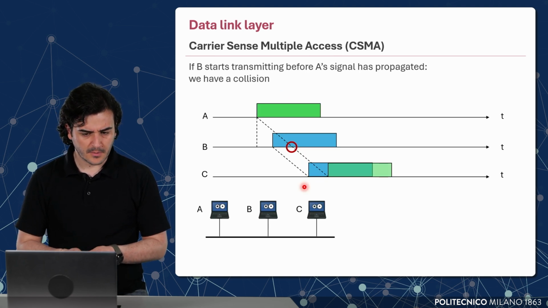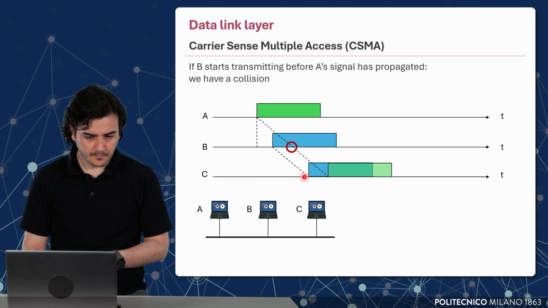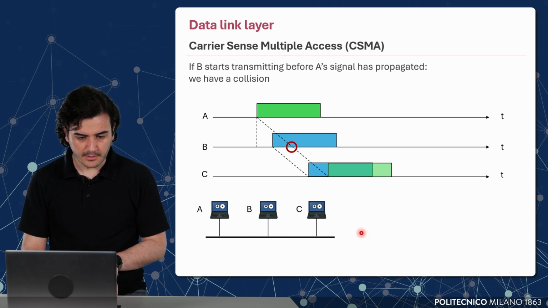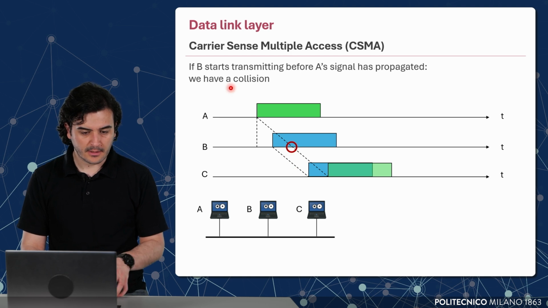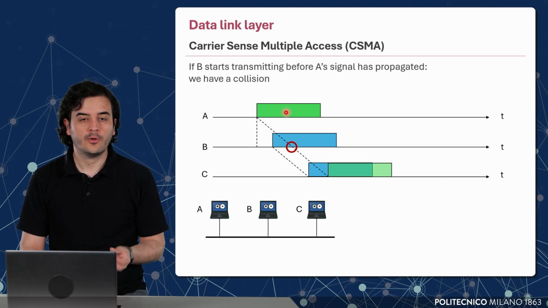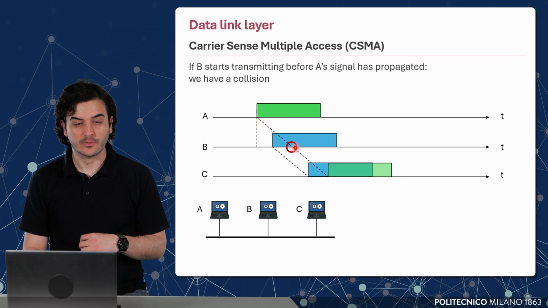Considering three stations, A, B, and C, in this case A and B want to transmit information towards C. It is possible that station B will start transmission towards C before it has received the information that A is also transmitting.